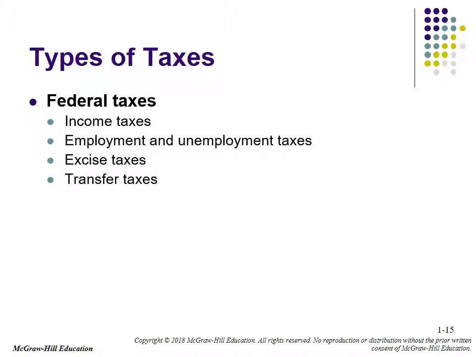Self-employed people pay Social Security and Medicare as well. And you'll see in your book, it's referred to as self-employment tax. And we'll be talking about that this semester. So they not only pay an income tax on the earnings from their business, but they also pay Social Security and Medicare.